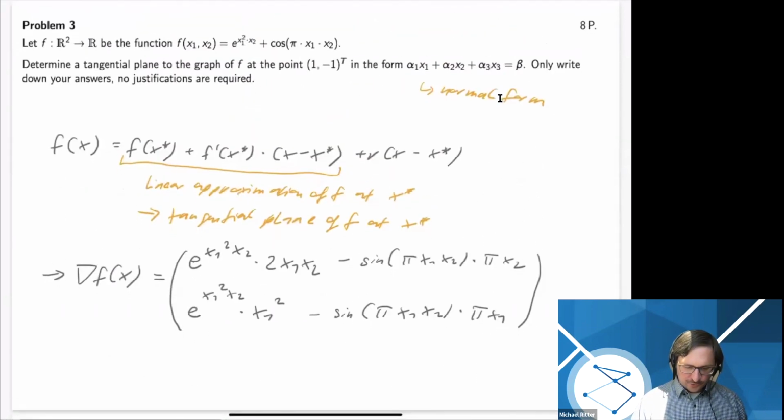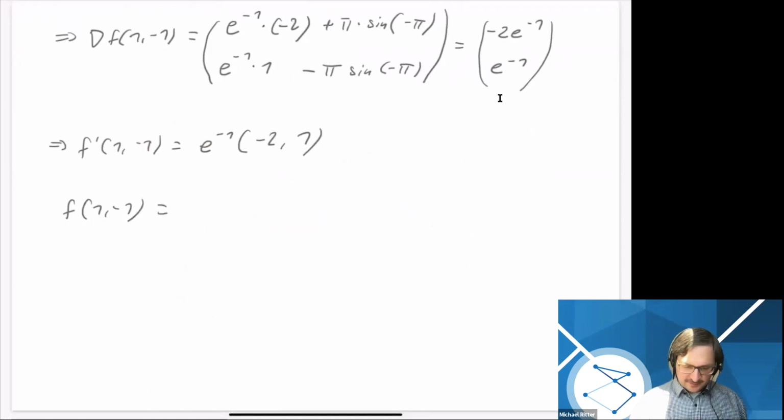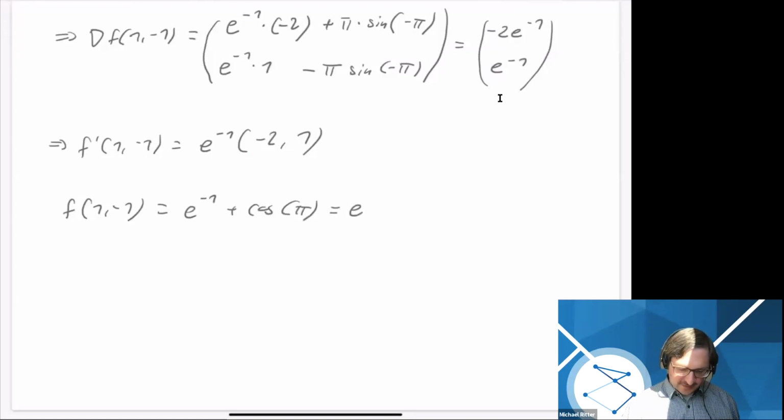The function was this here, so this is e to the minus 1 plus the cosine of pi. The cosine of pi is minus 1, so we get e to the minus 1 minus 1. That's the function value.